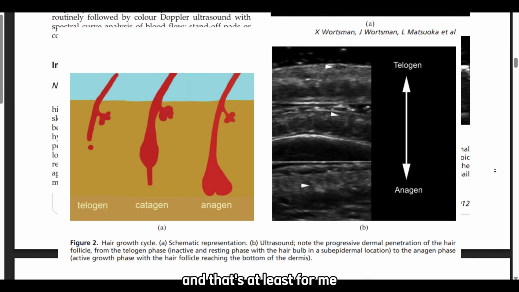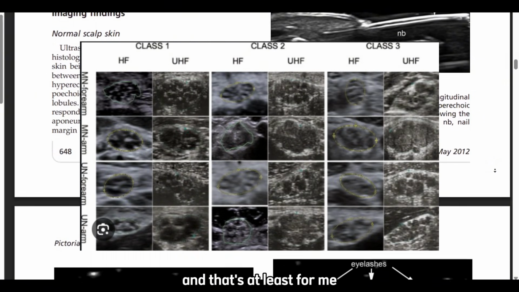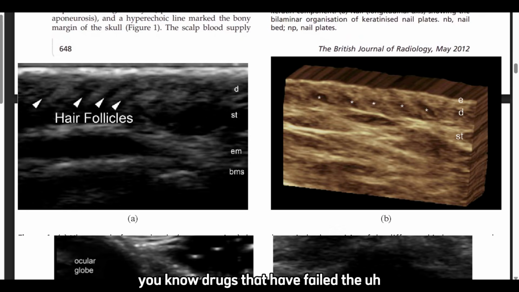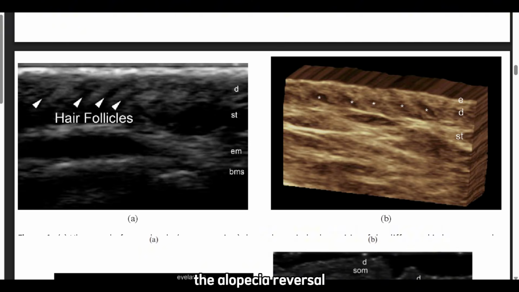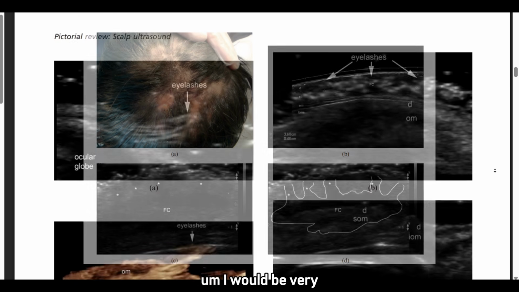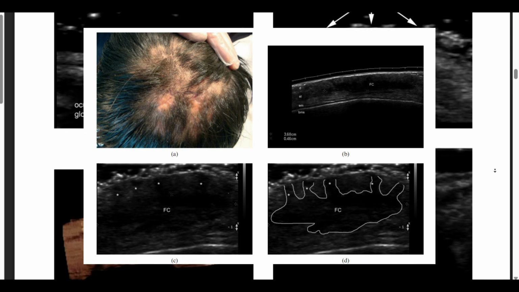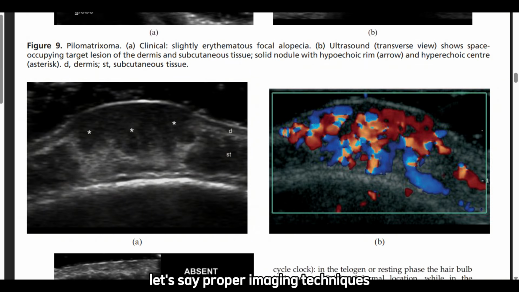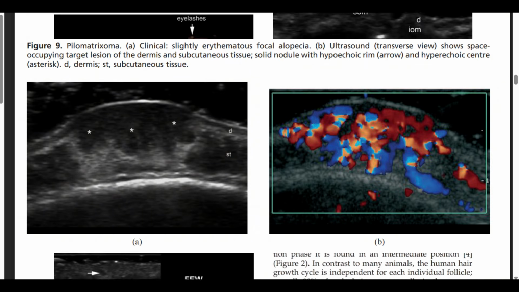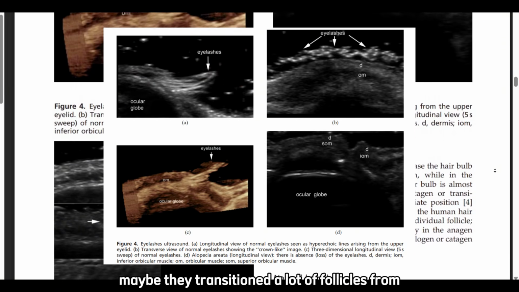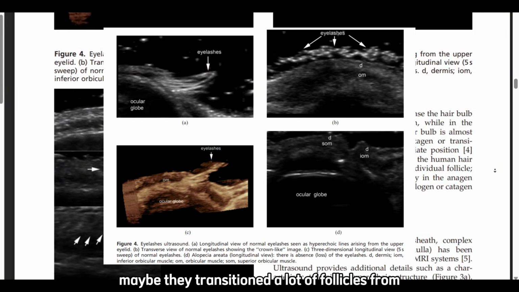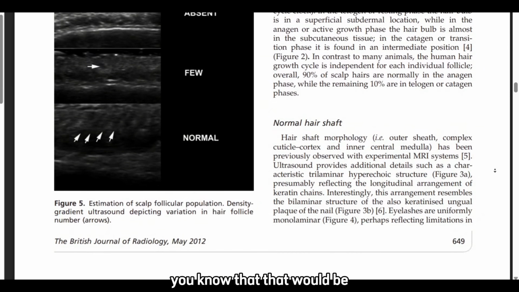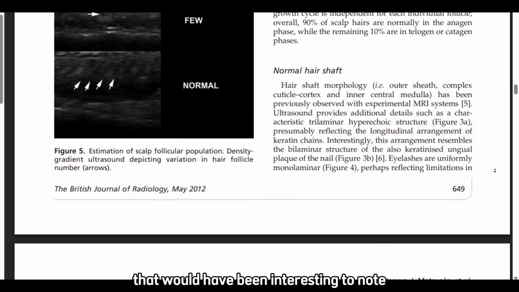And at least for me, when it comes to other drugs that have failed the alopecia reversal, I would be very interested to see if some of those drugs, had they used proper imaging techniques, maybe they transitioned a lot of follicles from telogen to anagen. That would have been interesting to note.